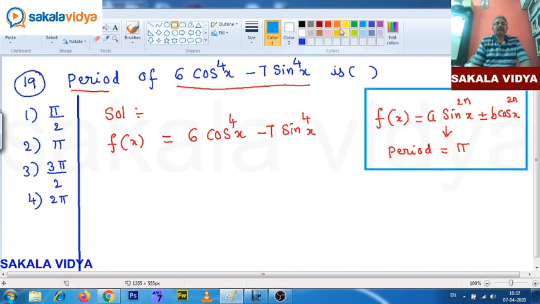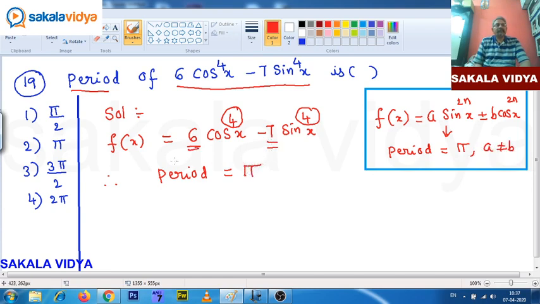Okay, you remember this one. Now therefore you can expect the period to be pi. Just observe this power 2n form, 2 into 2. Here A does not equal B. This condition also you need to remember. A does not equal B. So that's why period is pi. So second option is the right option.